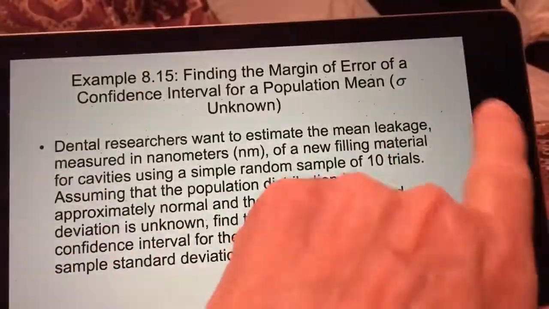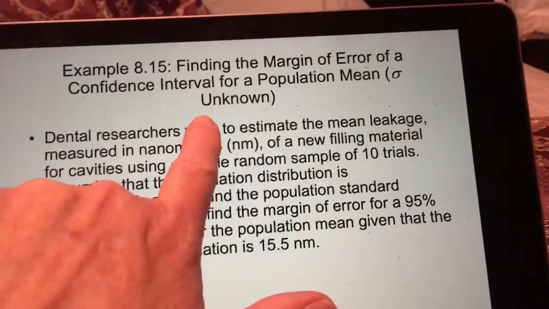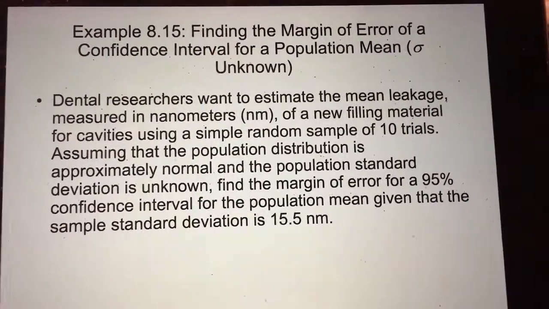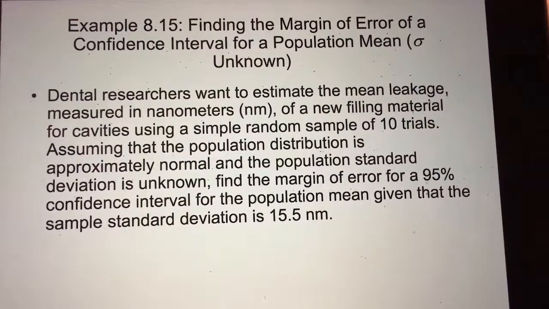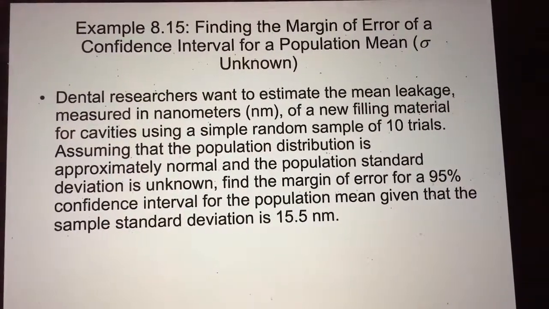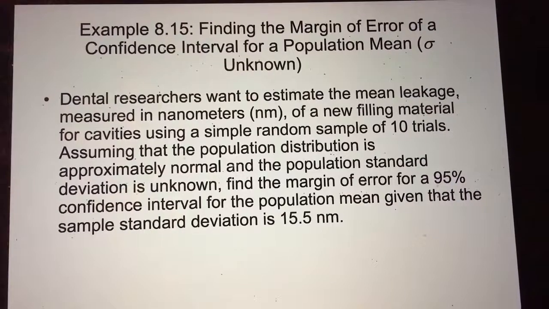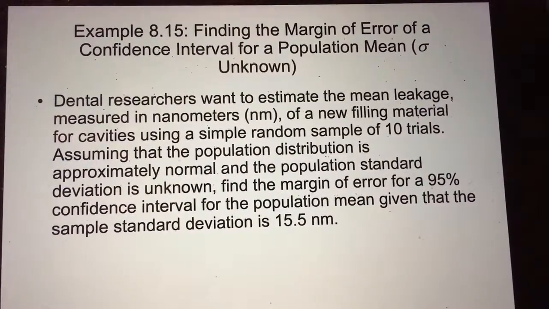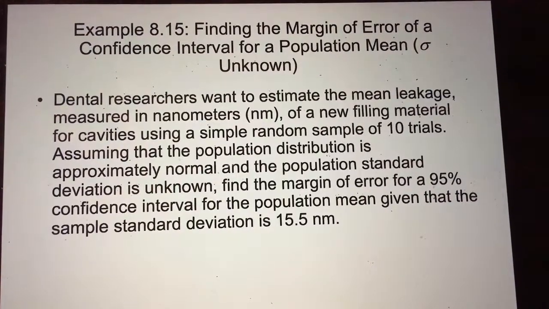And again, remember, we're doing the ones with the sigma unknown. The sigma unknown means we're going to use our t distribution. So we have dental researchers who want to estimate the mean leakage, measured in nanometers, of a new filling material for cavities using a simple random sample of 10 trials.